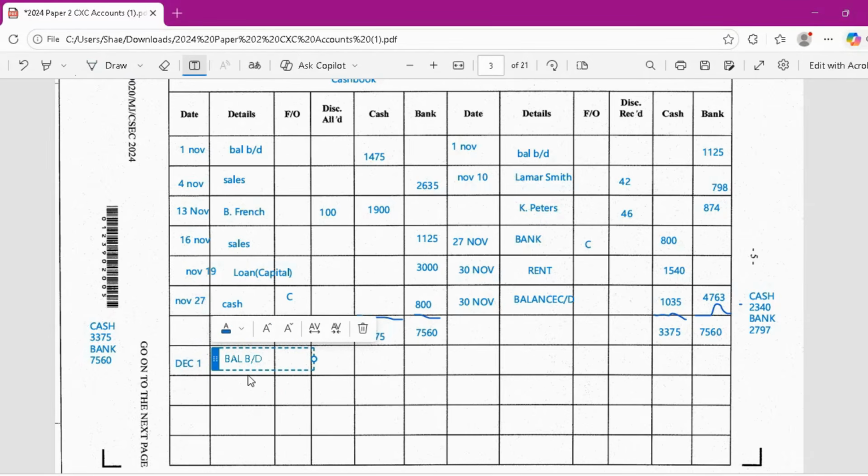If you don't do it, you're not going to get full marks, and we want you to get full marks on the questions that you can manage. So for a simple question like this, go ahead and do everything that they told you to do. So after you have placed your balance BD, which is the same amount as your balance CD, but they just go on the opposite side, then now you have completed the question, so you can move on.